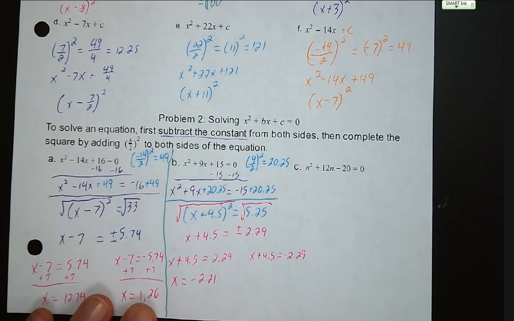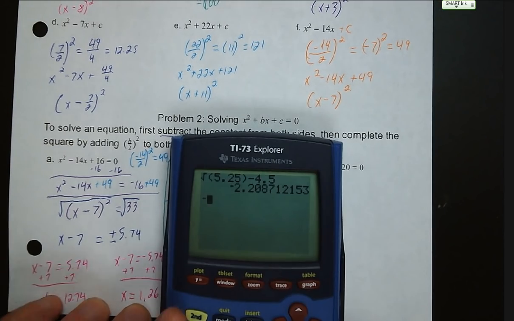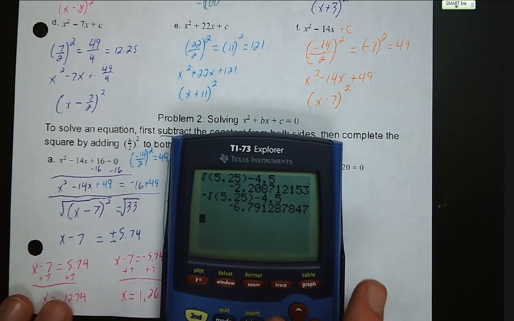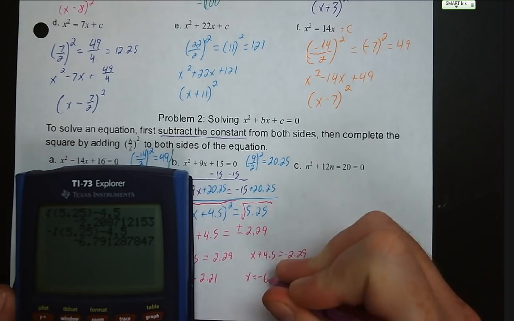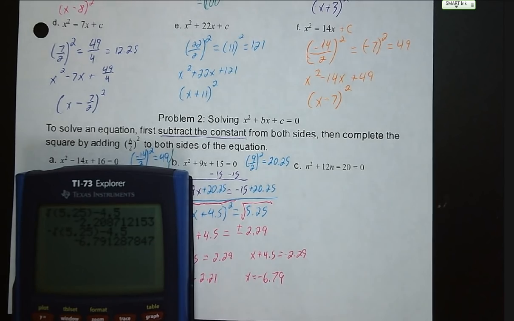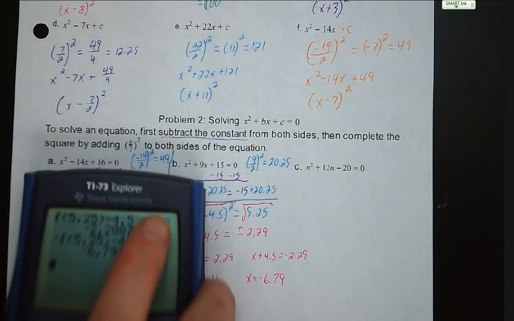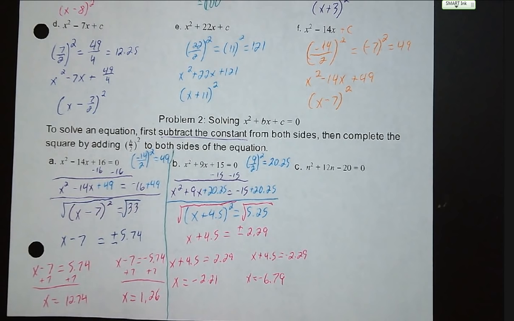So that's one of your answers. And then if you have the negative square root of 5.25 minus 4.5, you get negative 6.79. Okay? All right, I would like you guys to try letter C on your own, and then I will go over it.